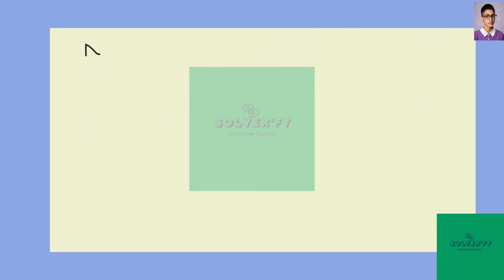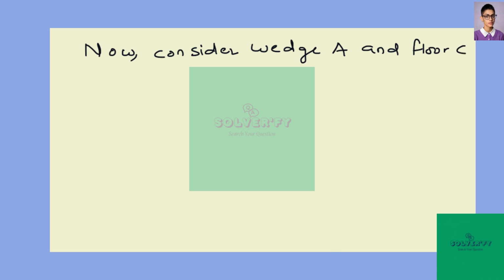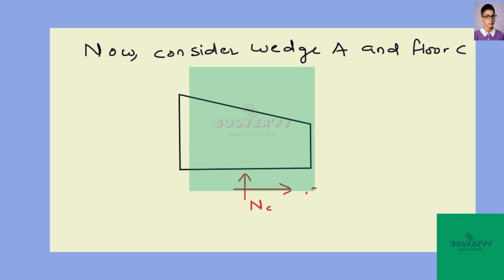Now going forward, consider wedge A and floor C. So drawing the diagram now and showing all the forces acting in this figure. So here it is NC, here it is 0.2 NC, and this angle is 15 degrees.